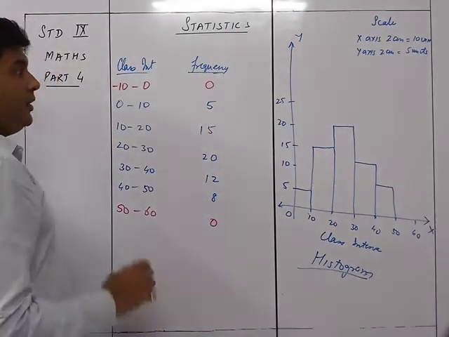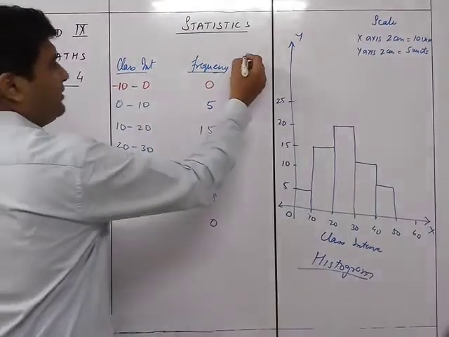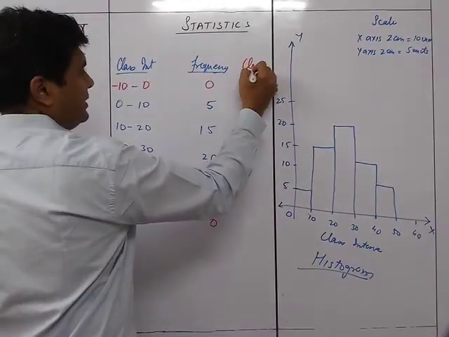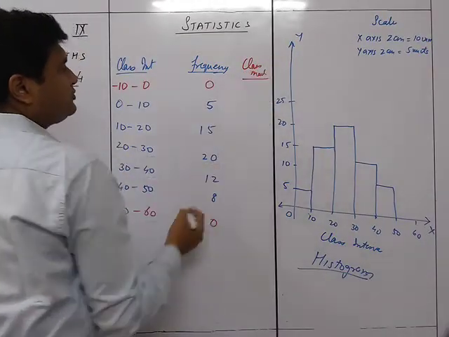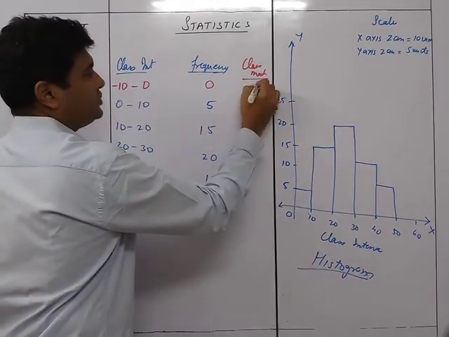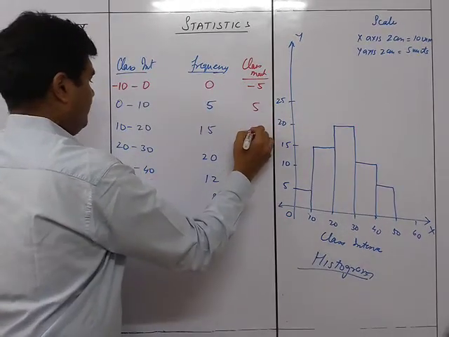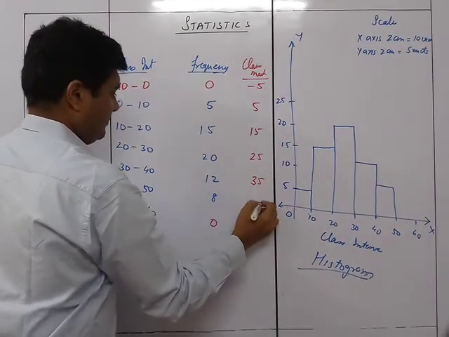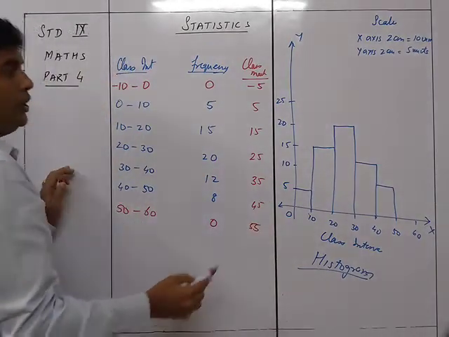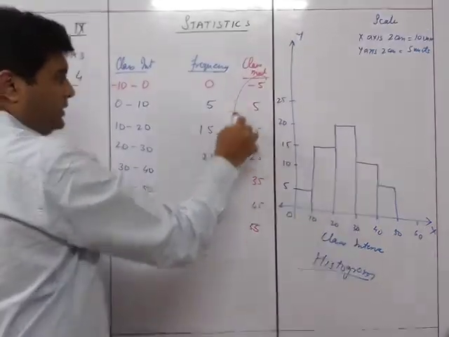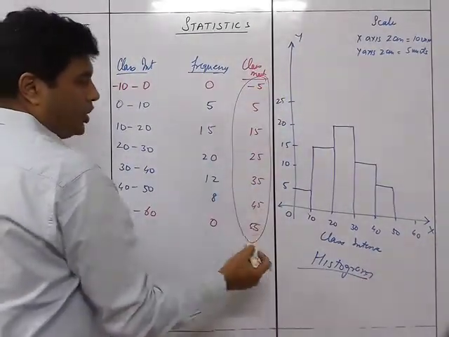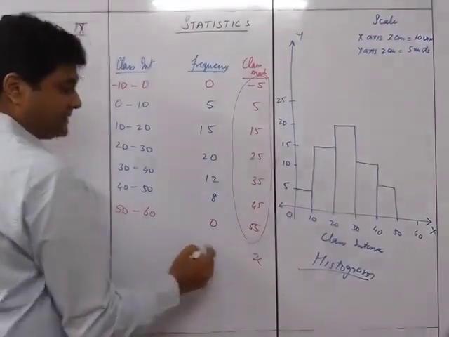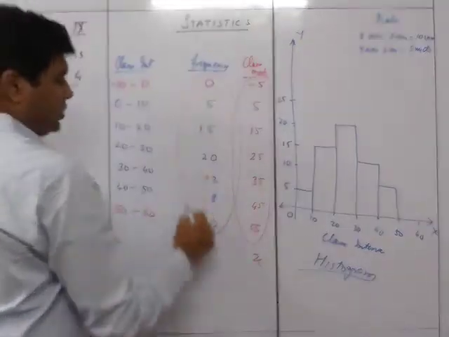Clear? You will do one more thing, and that is find out the class mark. Now the class marks over here will be -5, 5, 15, 25, 35, 45 and 55. Because you are going to plot this on the x-axis and this on the y-axis.